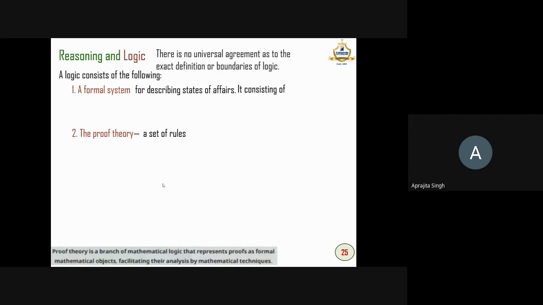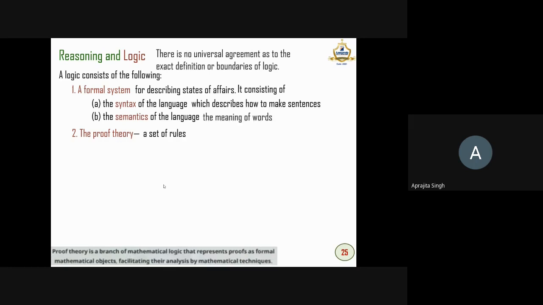It consists of the syntax of a language, and it has certain meaning, a semantics, to that language. The syntax describes how to make a sentence, how you design the sentence, and semantics is how you attach meaning to the words. What are actually the meanings of those words?